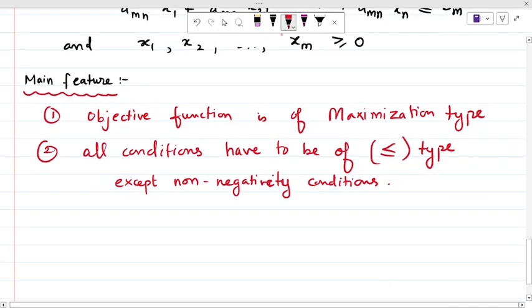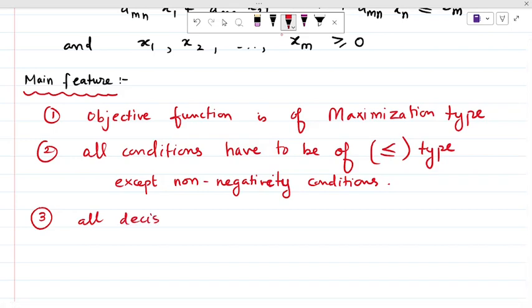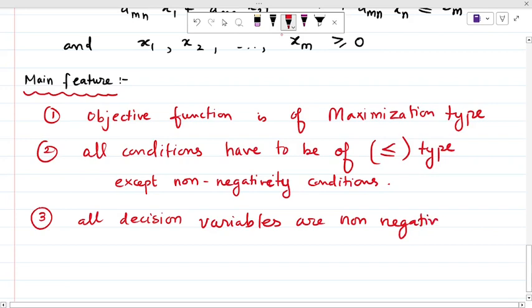And the third thing is that all decision variables are non-negative. That is what we need to know.